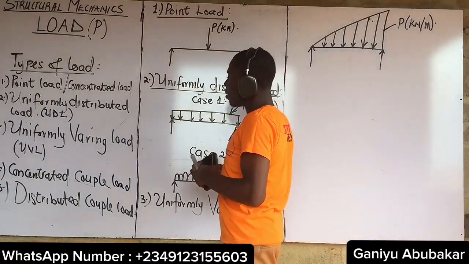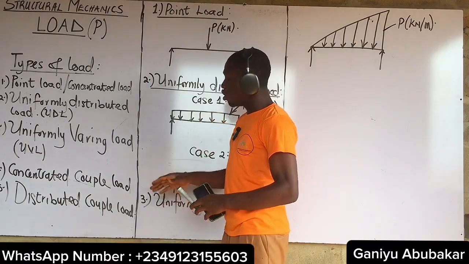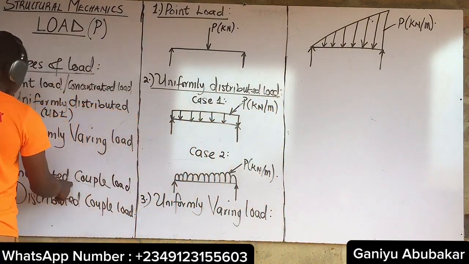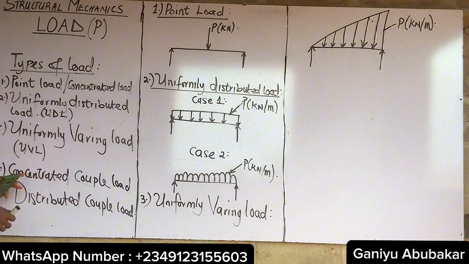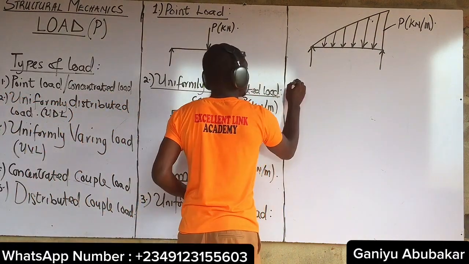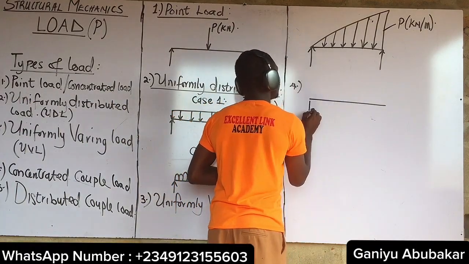We said these two here are not that important, but they exist. So let me show the diagram for concentrated couple load and distributed couple load. For number 4 there, the diagrammatic expression is something of this nature.